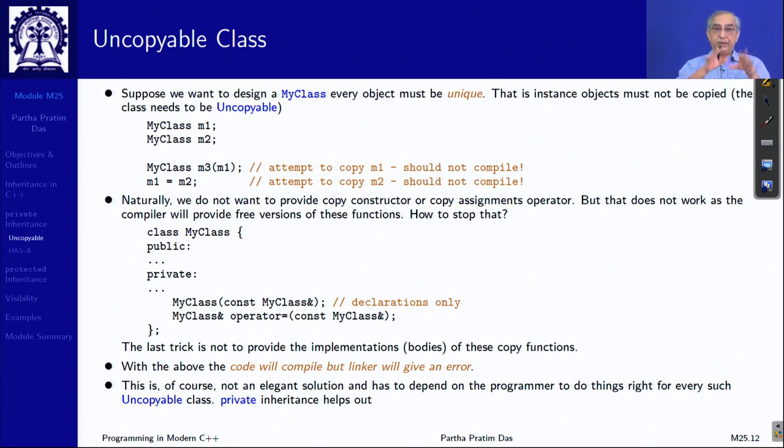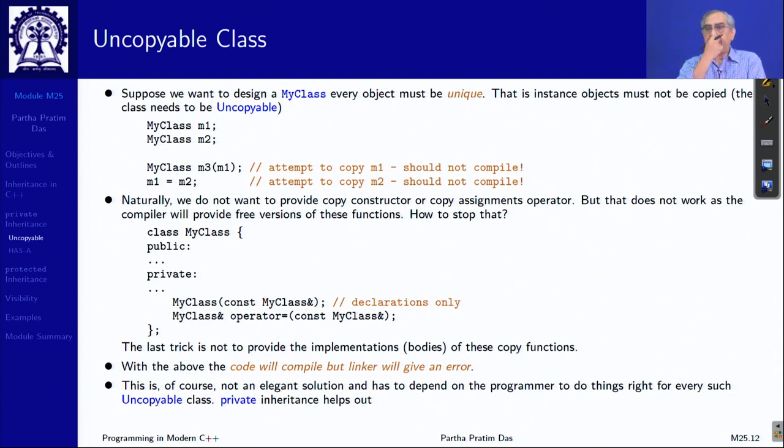One that we have discussed in depth, when we were doing the discussion on static data members and member functions, is the concept of a singleton class. Can I design a class which allows creating only one object, which has a global point of access, right, and we showed how to do that.